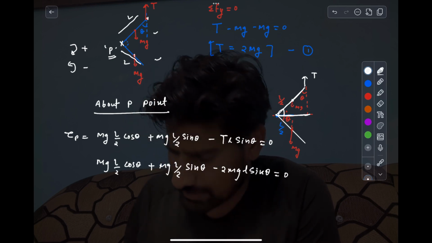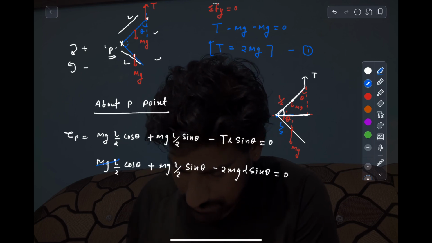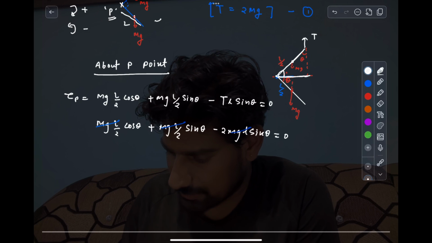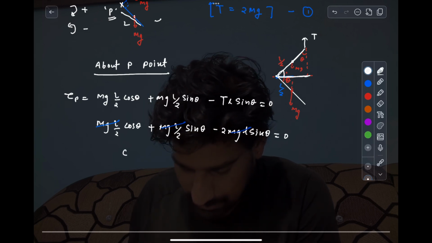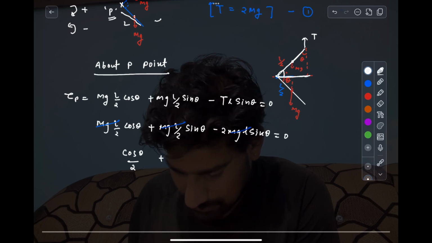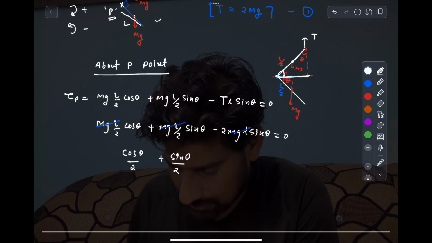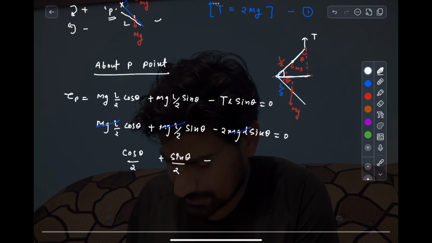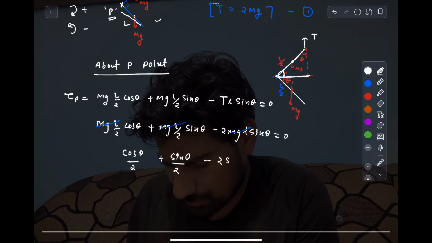Now in the entire equation we can cancel out the mgL. So then we would get cos theta by 2, plus sin theta by 2, and then minus 2 sin theta equals to 0.